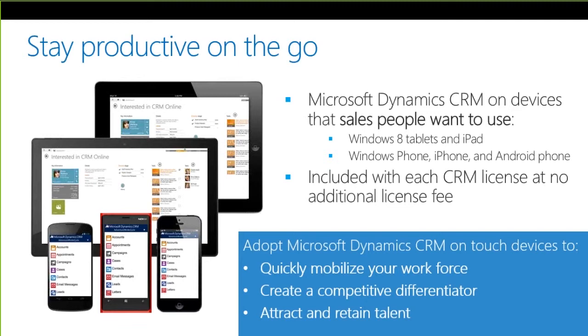So how would that look? Maybe if a salesperson's out, let's say at a prospect, and they're meeting with somebody, they would be able to take notes right here on their tablet, right into CRM. They'd be able to create activities. Let's say there's a follow-up meeting that's coming. They'd be able to add that meeting into the opportunity.